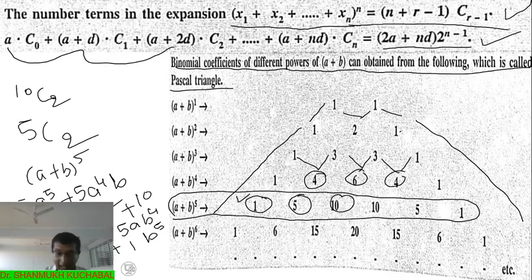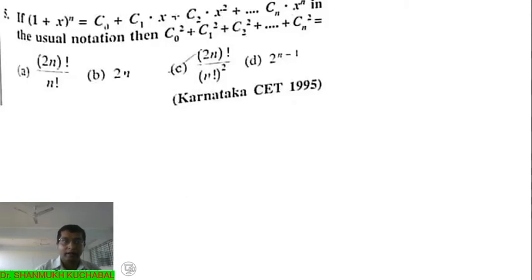This is called Pascal's triangle. Using this, we can remember the coefficients in the CET, and expand any (a + b) raised to n. Now directly we begin with the examples.